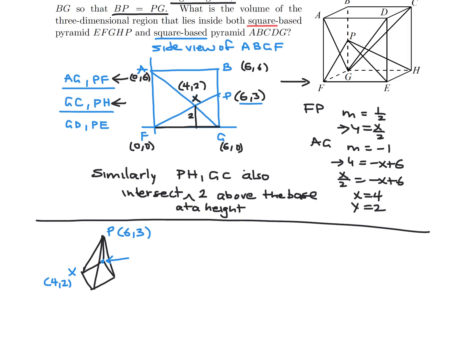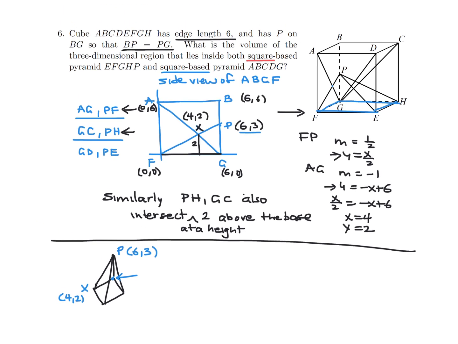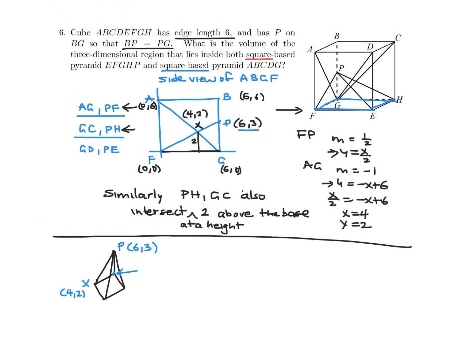It's sort of parallel to the base of this shape, I guess. So it would be the intersection point of AG and PF, which is right here, and then the intersection point of GC and PH. So GC, PH. So right here.